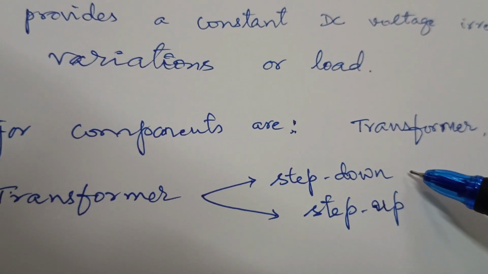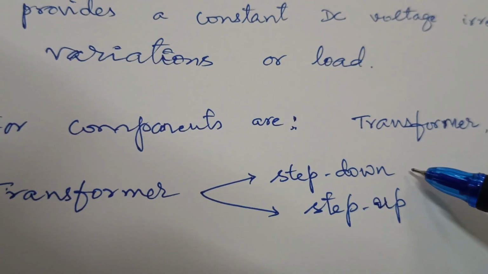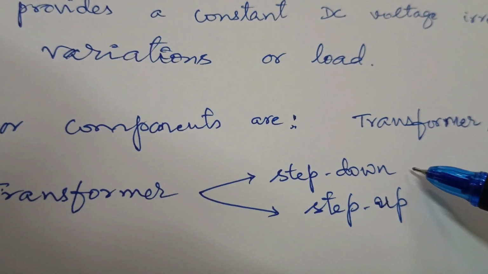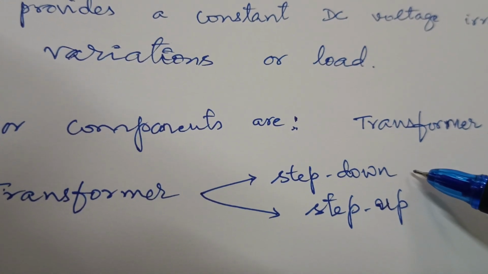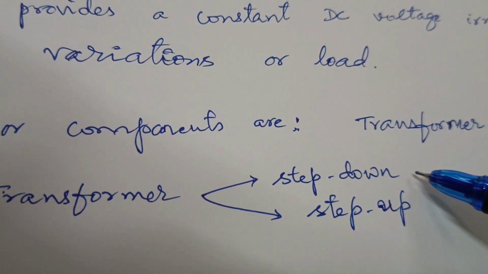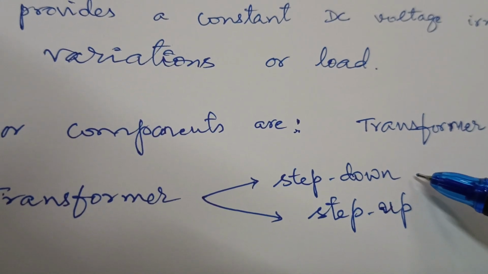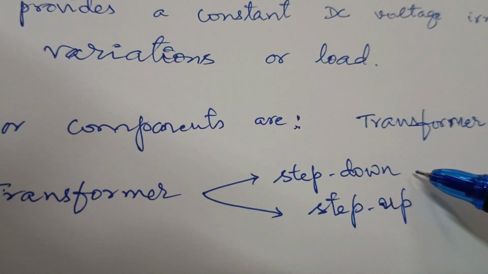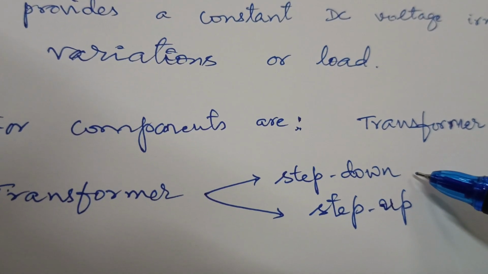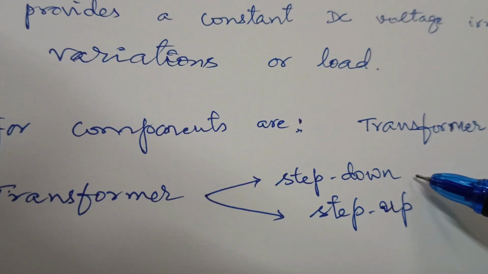That means the secondary voltage is lesser than the primary. It may be 6 volts, 9 volts, 12 volts, 15 volts, 20 volts, 24 volts and so on.